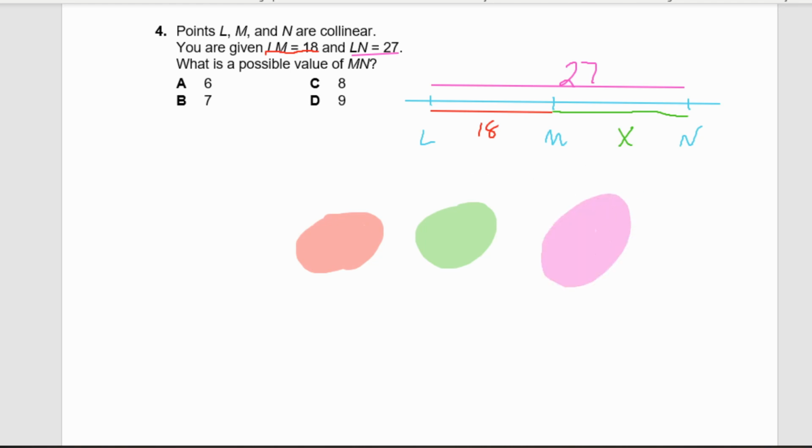And what that's going to look like algebraically is simply 18 plus x is equal to 27. Subtract 18 from both sides, and I get x equals 9. So we got the same answer both ways, both are just as valid as the other.